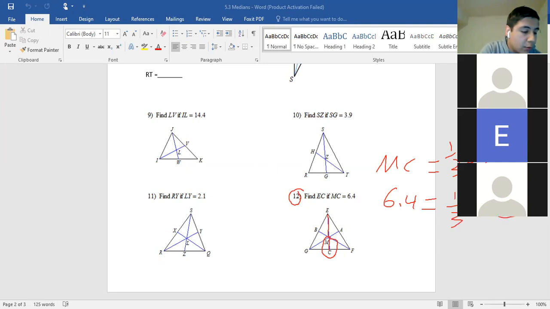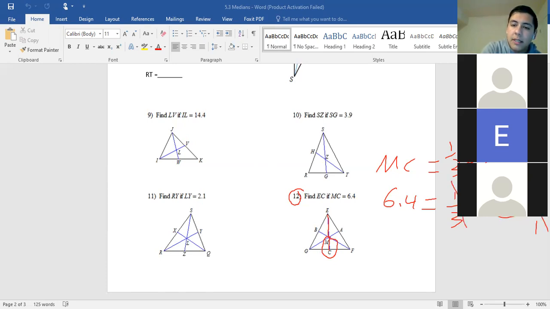So let's solve this. How do we solve this equation that we just set up? Multiply by 1/3 on this side. Not by 1/3, but we're going to multiply by the reciprocal, 3/1, which is the same thing as saying multiply by 3, right?